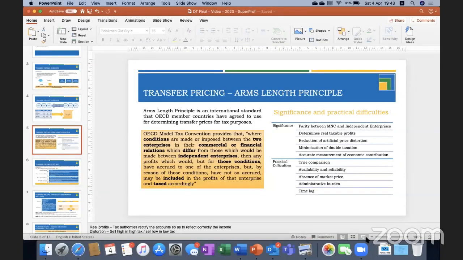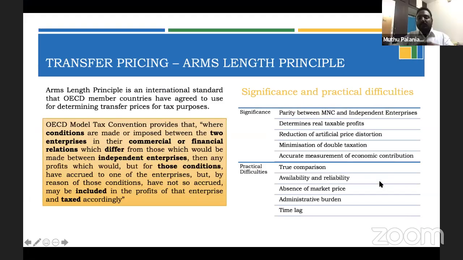Next is about accurate measurement of economic contribution. When you say accurate measurement of economic contribution, for an Indian entity which has been established in India, it is very important that India must receive the due profit that is receivable in that particular country, which means there is an economic value that India provides to that entity, the infrastructure and all those things.